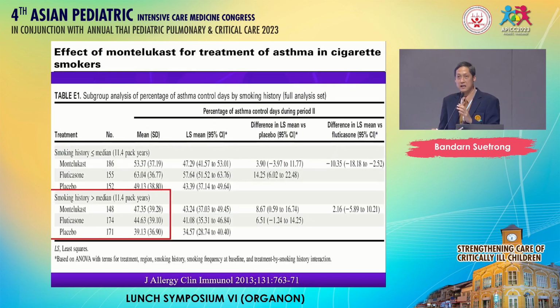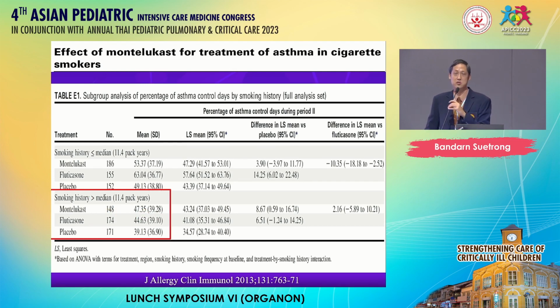And then, we already know the child with passive smoking tends to have more inflammation from the leukotriene pathway, and if we compare montelukast and fluticasone in terms of asthma control days, we will find that in the asthmatic patients with a history of heavy smoking, they respond better to montelukast compared with fluticasone.